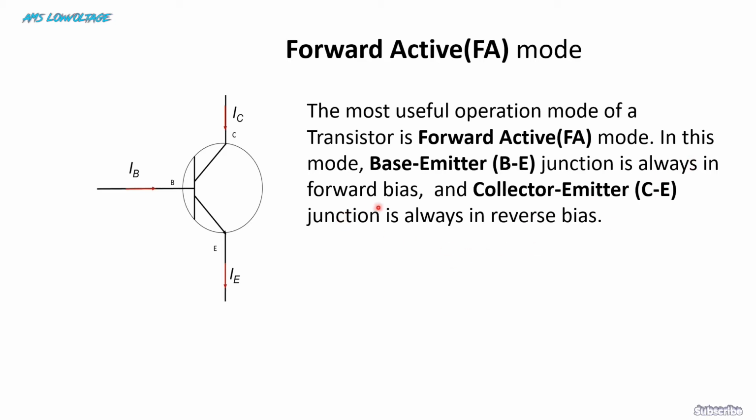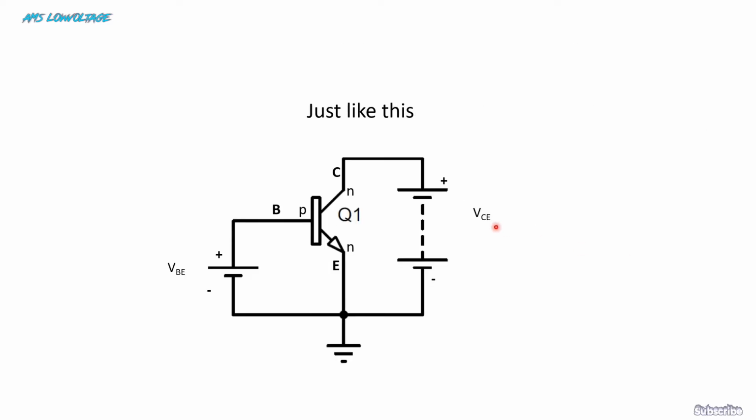In this mode, the base emitter junction is always forward biased and the collector emitter junction is always reverse biased. So just like this, this is the collector emitter voltage. You can see that for an NPN transistor, the collector emitter junction is reverse biased, and the base emitter junction is forward biased.